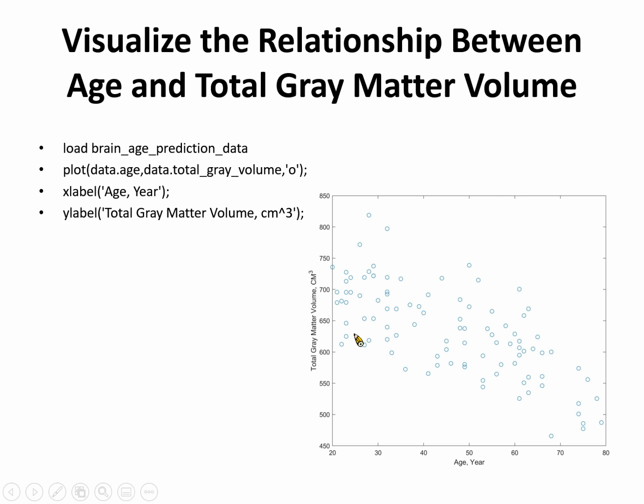From these results, you can see that for these 100 participants, there really is a decline of gray matter volume in accordance with age. We have participants from age 20 to around the 80s, and there seems to be a line you can put here to describe the linear relationship between age and total gray matter volume.